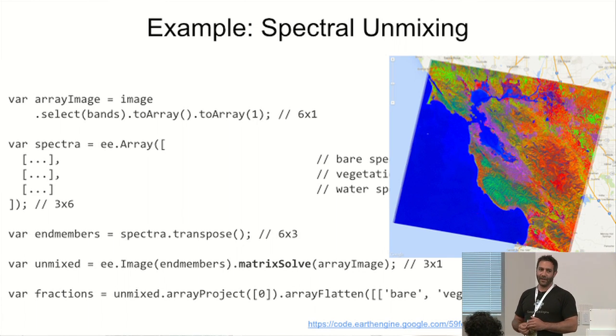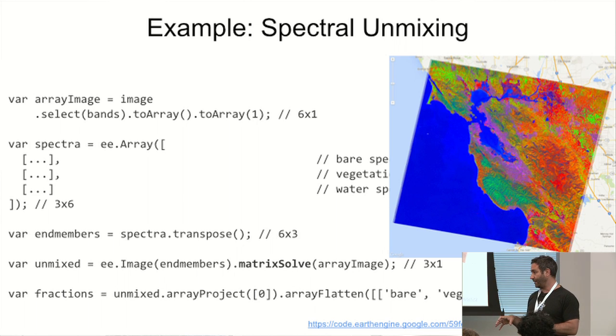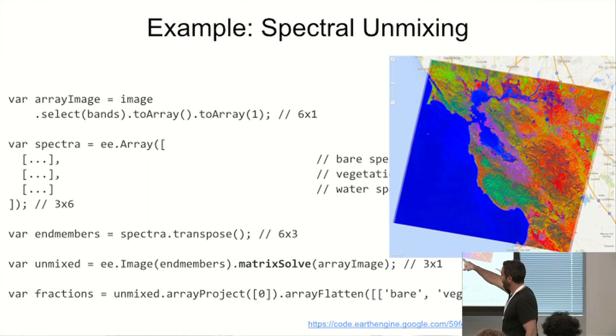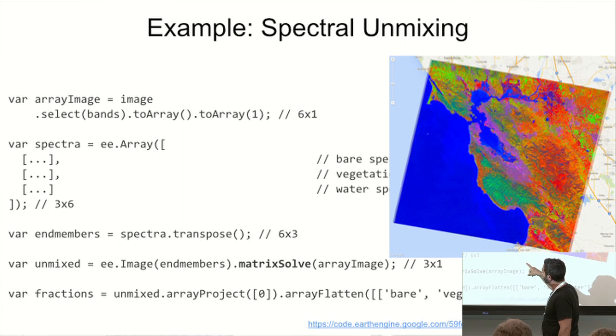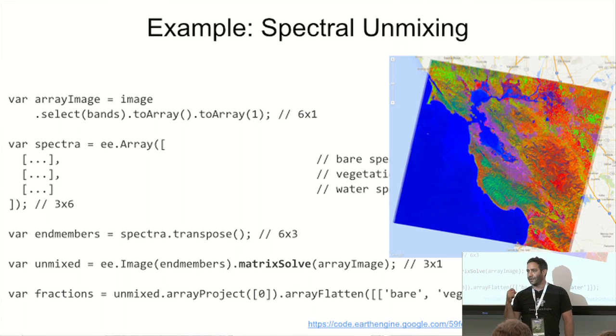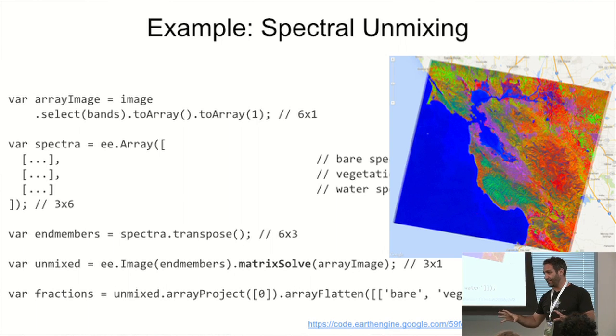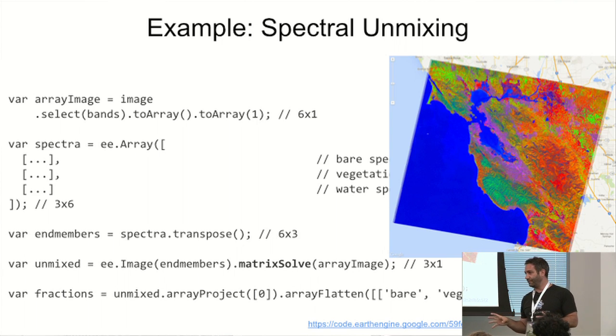If you somehow are able to mask one band at a time here, and then you get up there and you call toArray, you will probably have masked pixels. If one band is masked, the whole pixel's masked. Earth Engine doesn't know what to do with that. It doesn't know what to put in the gap there if you have nothing. So it gives you nothing.